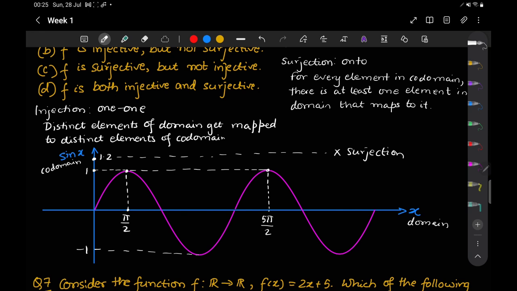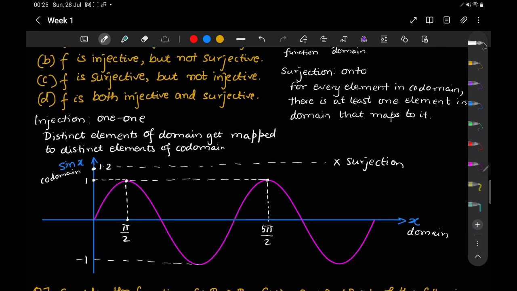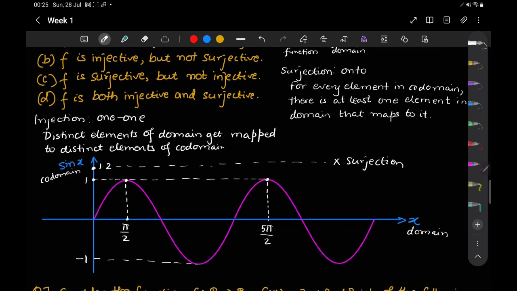So both these elements in the domain map into the same element in the codomain. So pi by 2 and 5 pi by 2 are distinct elements of the domain, but they get mapped into the same element of the codomain. So this is not an injection. So f(x) equals sin x is neither surjective nor injective.